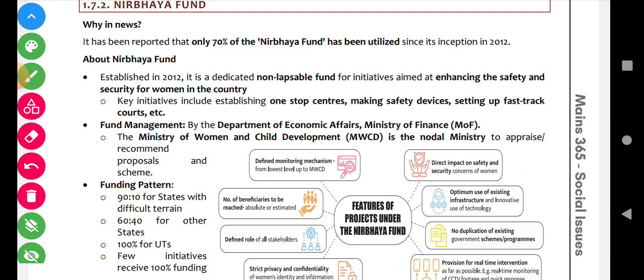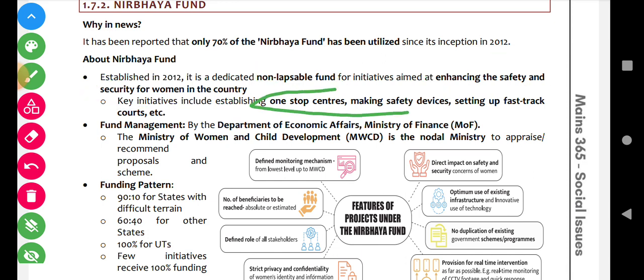So the Nirbhaya Fund was created by the government in this regard. Established in 2012, it is a dedicated non-lapsable fund, enhancing the safety and security for women in the country.